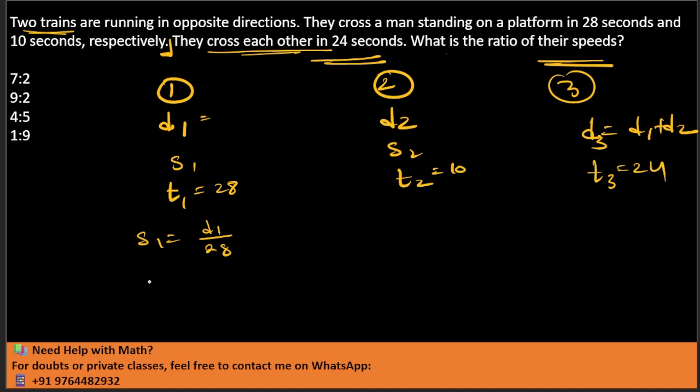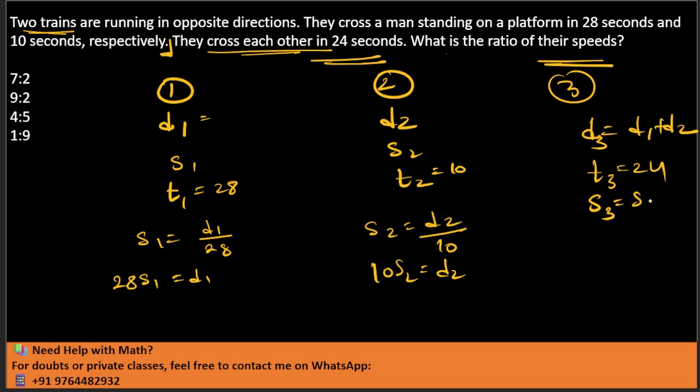So 28 s1 is equal to d1, and in the same way s2 is equal to d2 upon 10, so 10 s2 is equal to d2. Now the effective speed, s3, is equal to s1 plus s2.